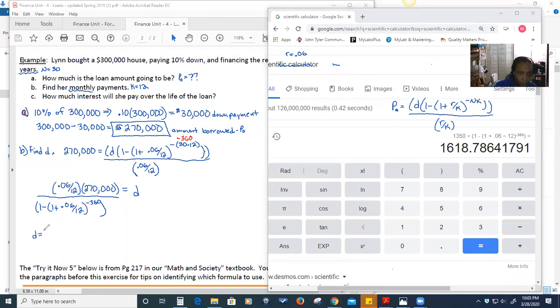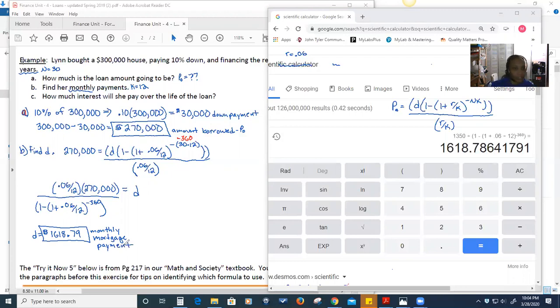I'll give myself some room here. So this is her monthly mortgage payment. And that sounds about right for a $270,000 loan.